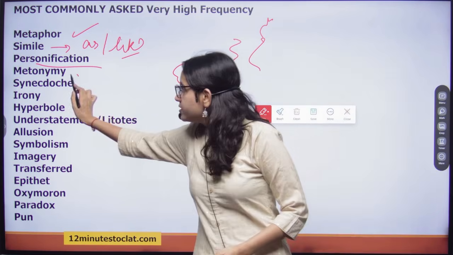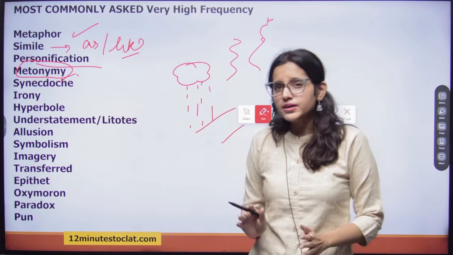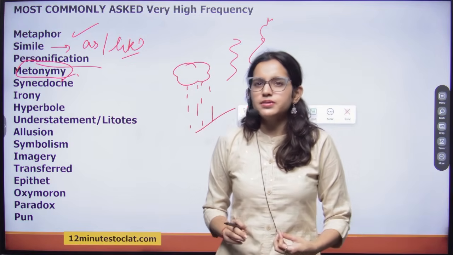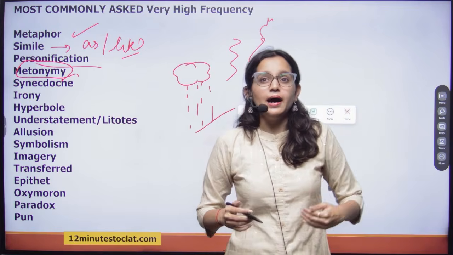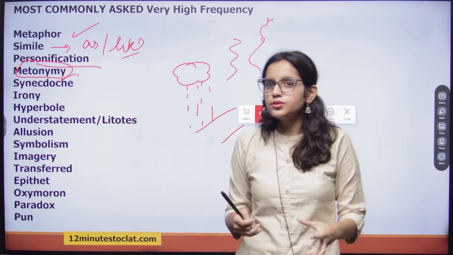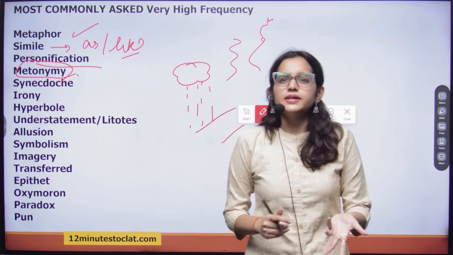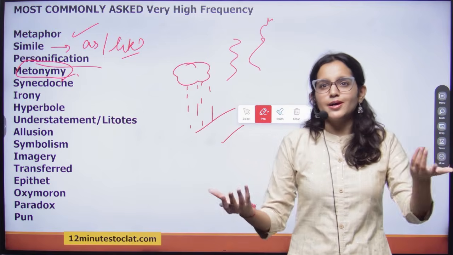All right, people. After that, you have metonymy. What is metonymy? Metonymy is when you show an institution with something that is closely associated with it. I am representing an institution with an object that is closely associated with it. For example, when I have to say the US government, I can simply say the White House.